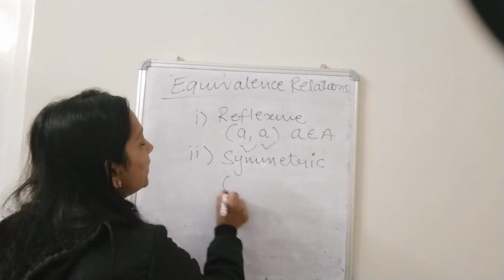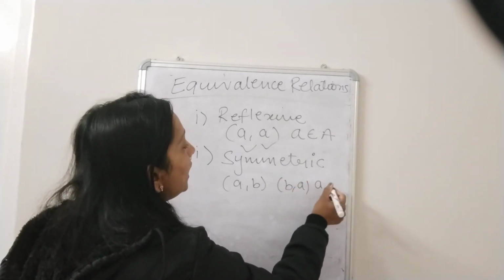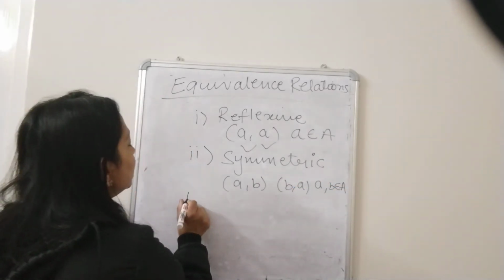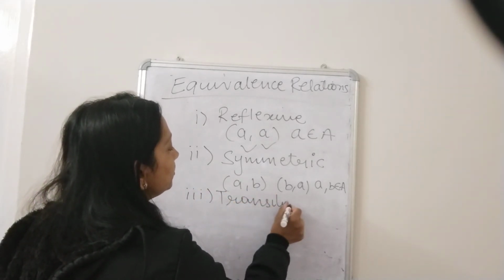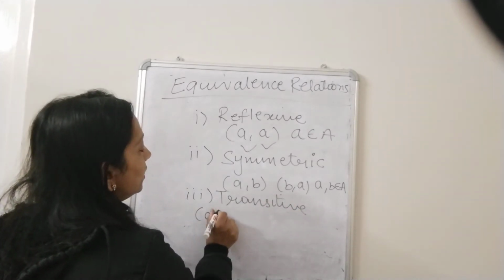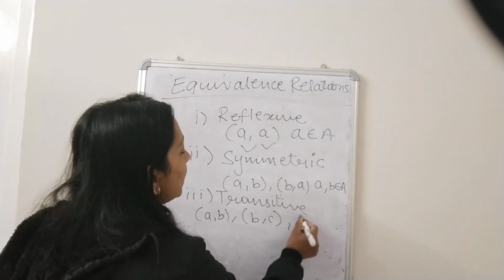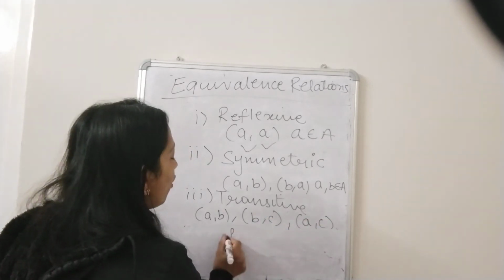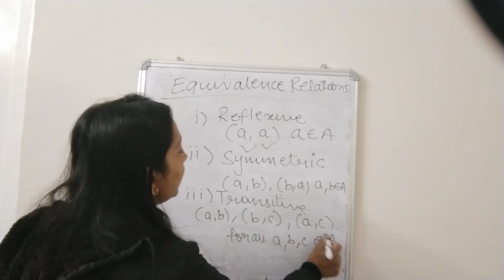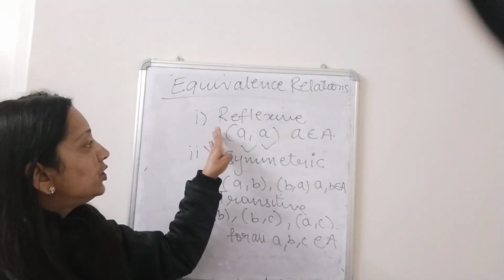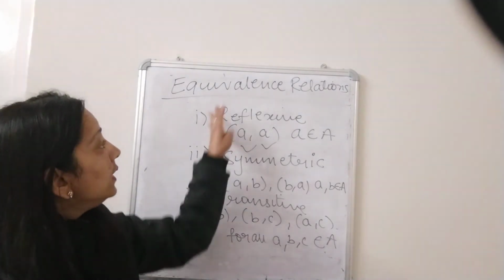As per the symmetric property, if AB is there, then BA must also be there for all A and B that belong to set A, and it is also transitive. As per the transitive property, if AB is there and BC is there in the relation, then AC must also exist for all A, B and C that belong to set A.